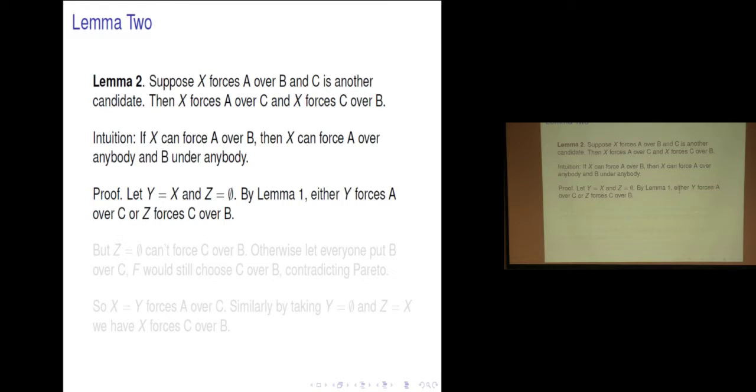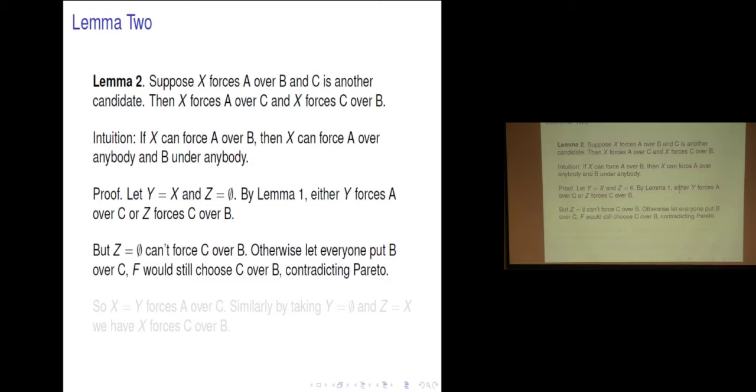So either y forces A over C or z will force C over B. Now I want to convince you the empty set cannot force anything. This is as you expected. Z is the empty set, so it cannot force C over B.